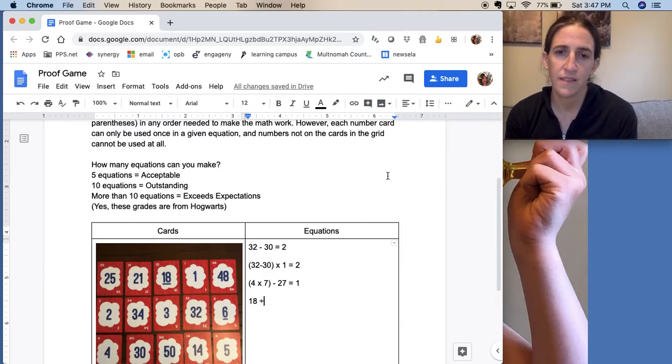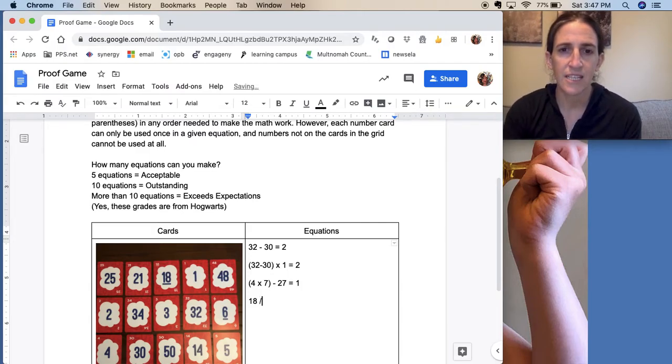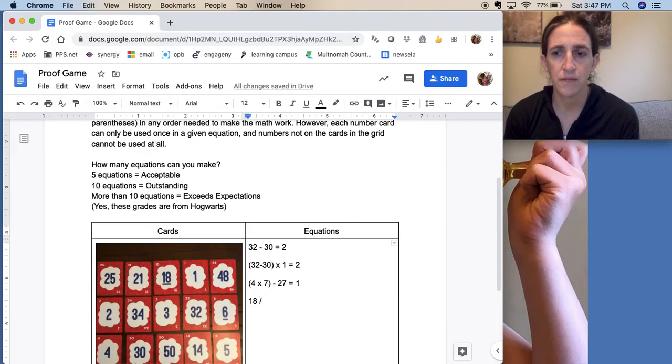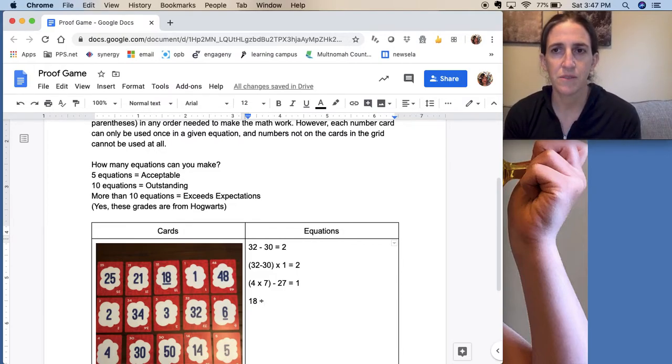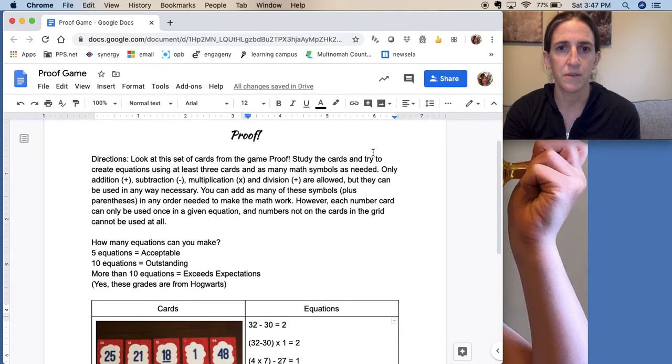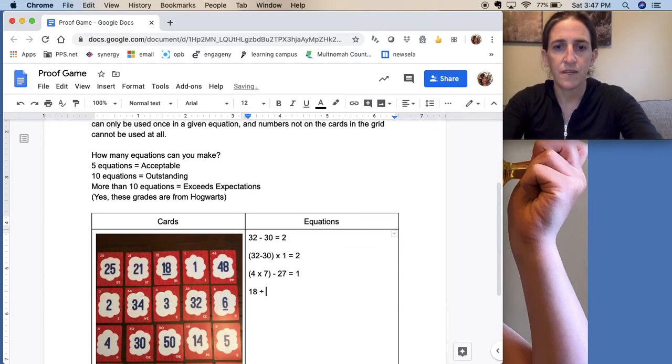There it is again. That's how I got it in the first place, up at the top. Or if that is too frustrating, you can always use the slash. That's the same button as the question mark button. I just am not pushing down the shift. And that is frequently used for division when typing. And so that's also an acceptable answer. I'm just going to use the Command V because that seems the fastest. So I just copied it from the top one up there. 18 divided by 6 equals 3.